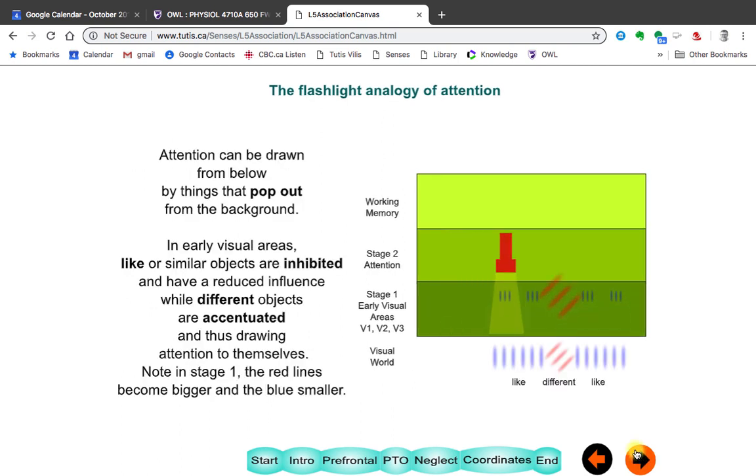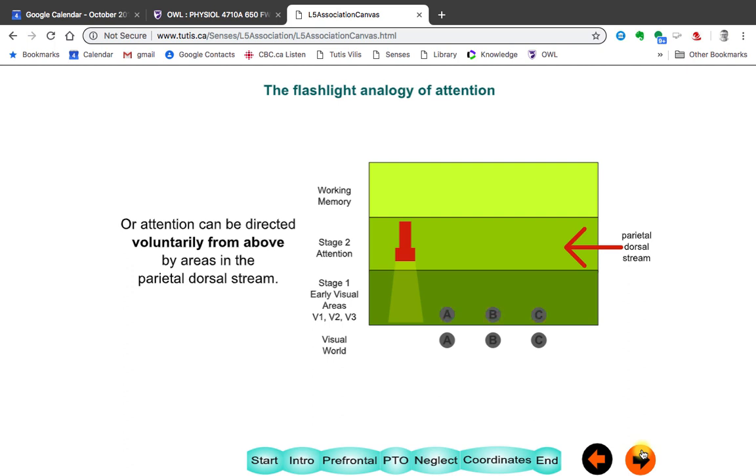Now, attention can be drawn by something unique, like these lines are different from these lines. And so your attention is focused at these lines, and attention accentuates them and then lets that information enter the higher areas. Or you can decide what you want to look at.